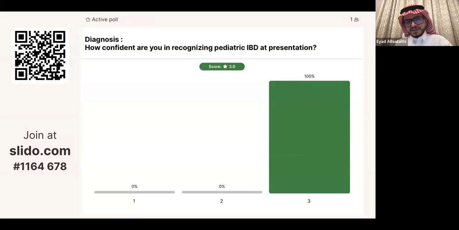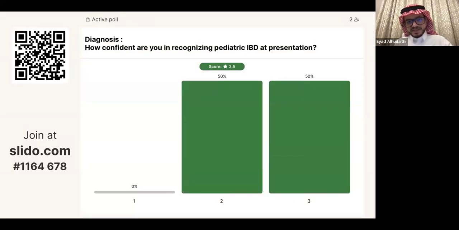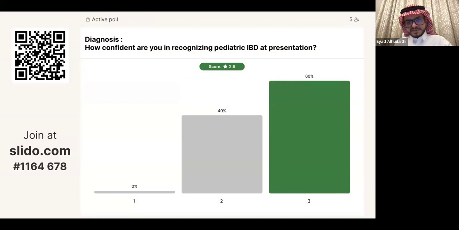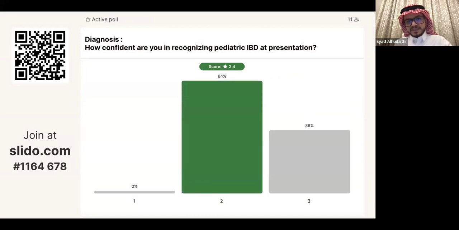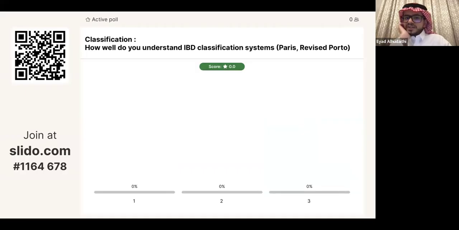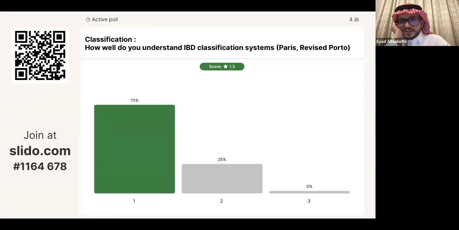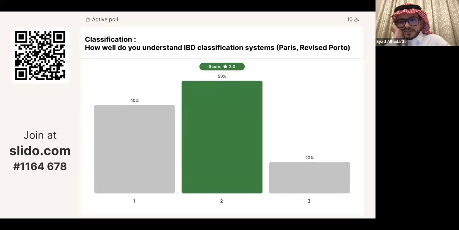Before we proceed with the IBD bootcamp, let's take a survey so you can assess yourself afterward. How confident are you in recognizing pediatric IBD at presentation? Most of you have moderate confidence in recognizing those patients. How well do you understand IBD classification systems? Have you ever heard about Paris classification, revised Porto, or Montreal?